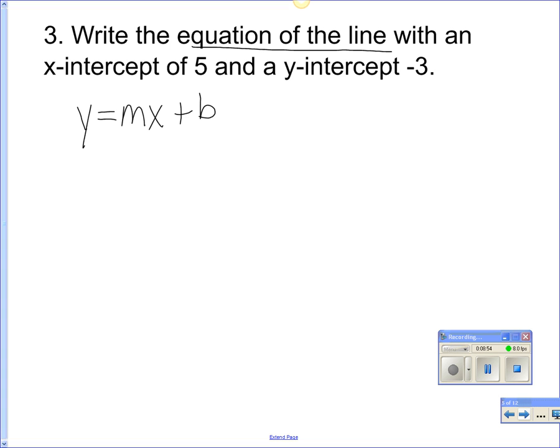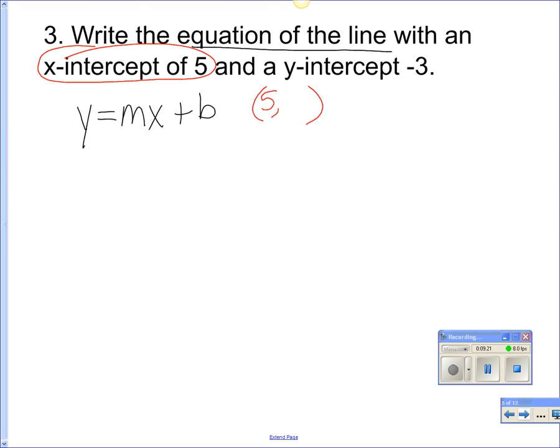All right, guys, for an x-intercept of 5, you've got to make that a point. Got to make it a point. Let me have Andrea. How do you make an x-intercept of 5 into a point? Where does the 5 go? In the front or the back? The front, because it's the x.